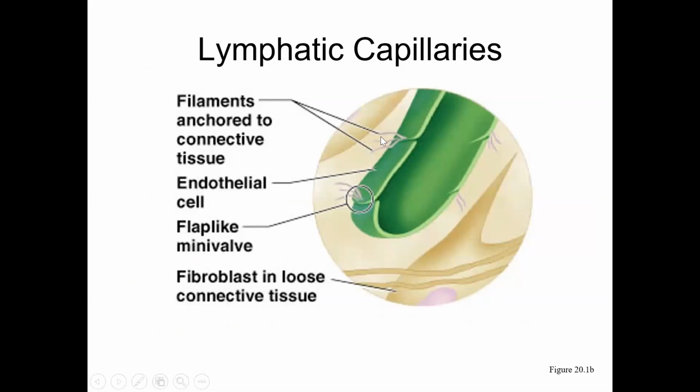This fiber-looking connective tissue hooks the lymphatic capillary to the surrounding tissue. But you see only one side has the connective tissue, the other side doesn't. So when the fluid pressure around this vessel is high, it can push this valve open and allow material to get into the lymphatic capillaries.